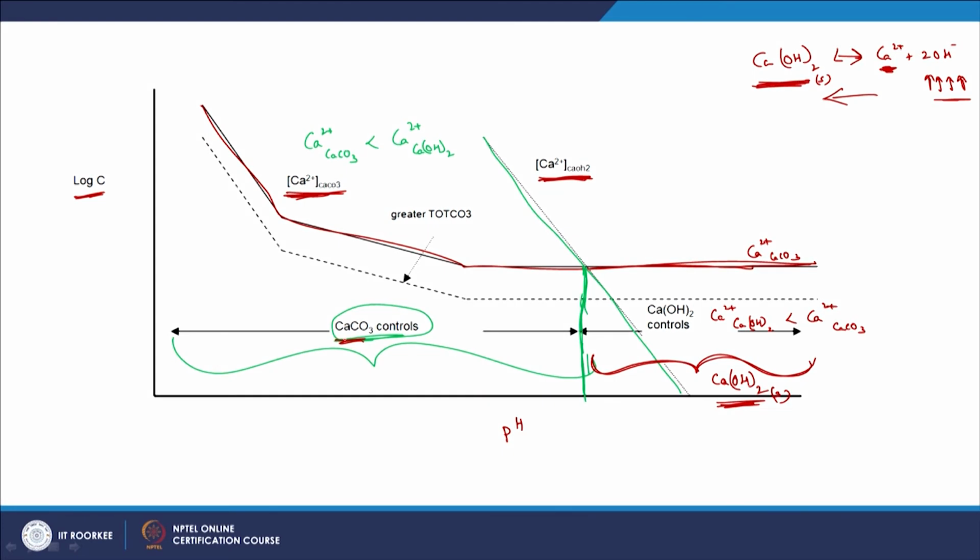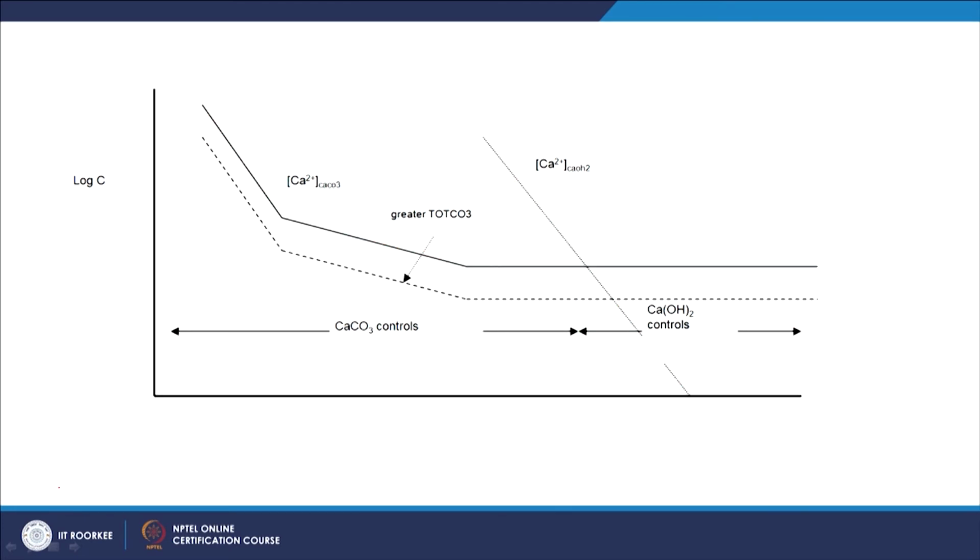One other aspect that I want to point out here is, let's say you increase the concentration of CO3 total. This particular solid line was at one particular CO3 total, and here we have CO3 total 1 and here we have CO3 total 2, which is greater than CO3 total 1. Before we go further, let's understand what this means for the system.